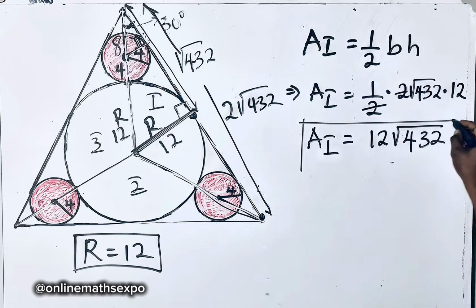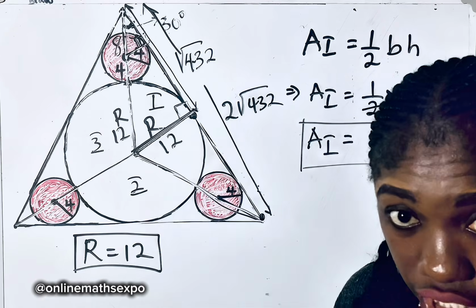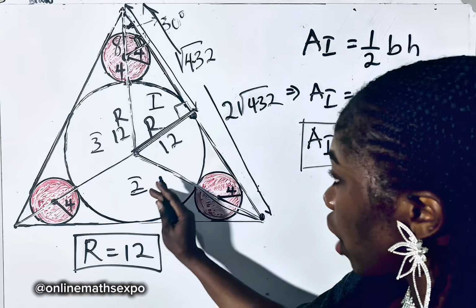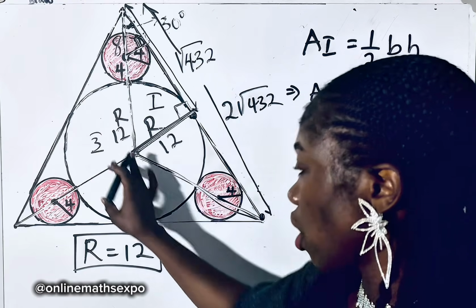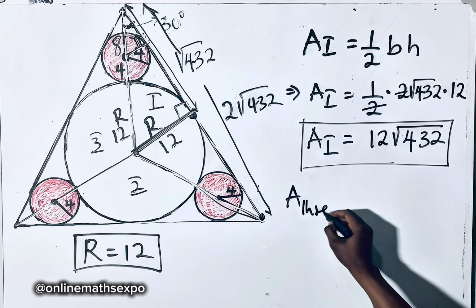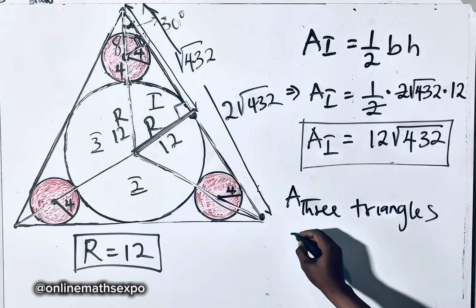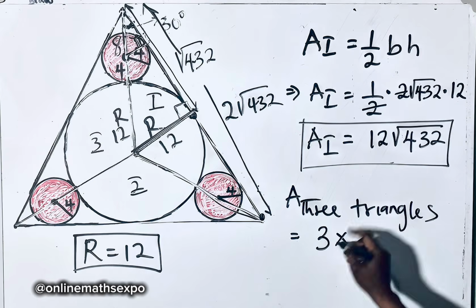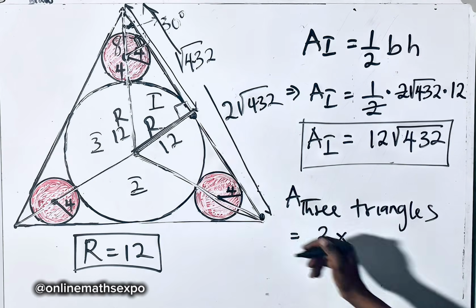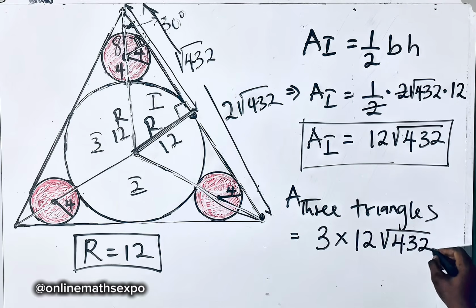Now that we have found the area of triangle 1, you observe that these 3 triangles are equal. So in that case, we are going to get the area of the three triangles. The area of three triangles will be equal to 3 times the area of 1, and that is 3 times 12 root 432.